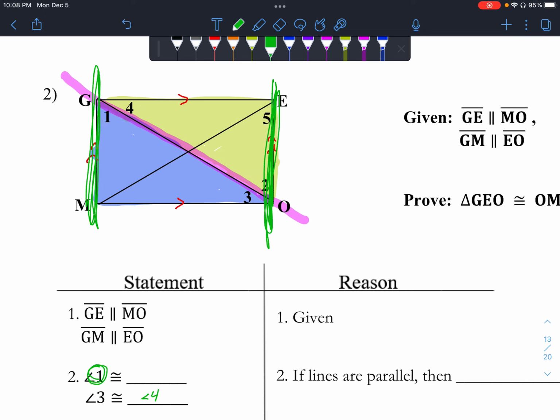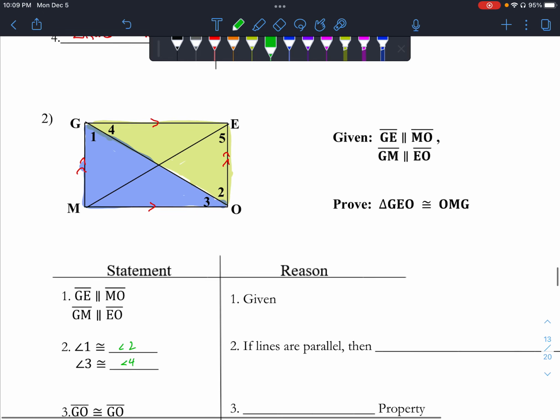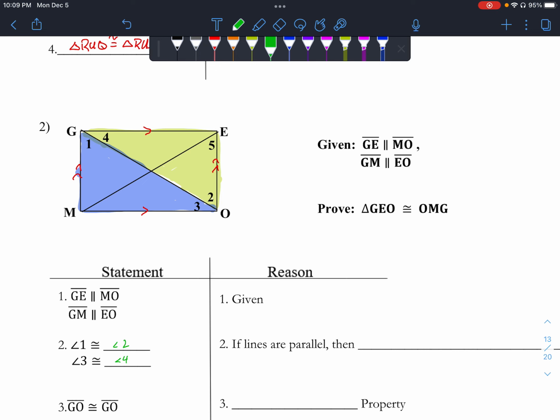Tends to be a pretty good way of getting that done. But angle 1 should have been congruent to angle 2. All of that was due to the fact that if lines are parallel, then those alternate interior angles are congruent.